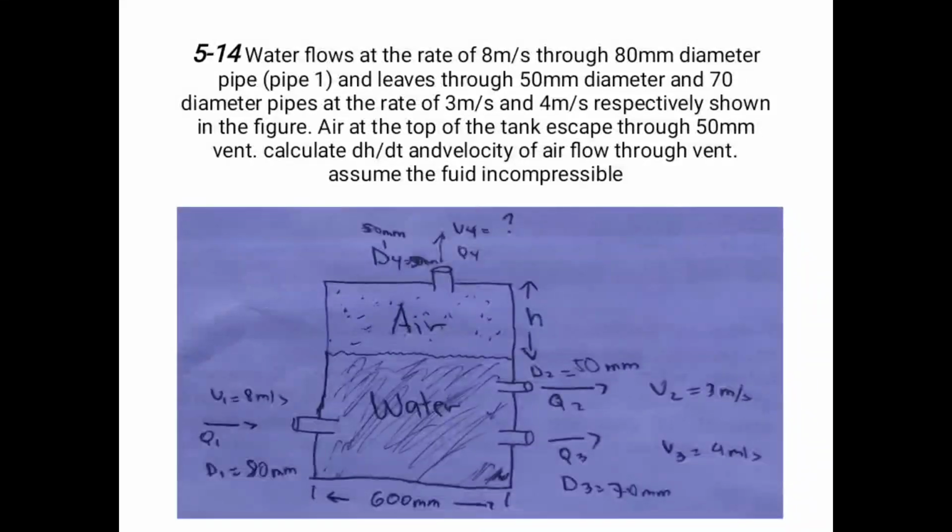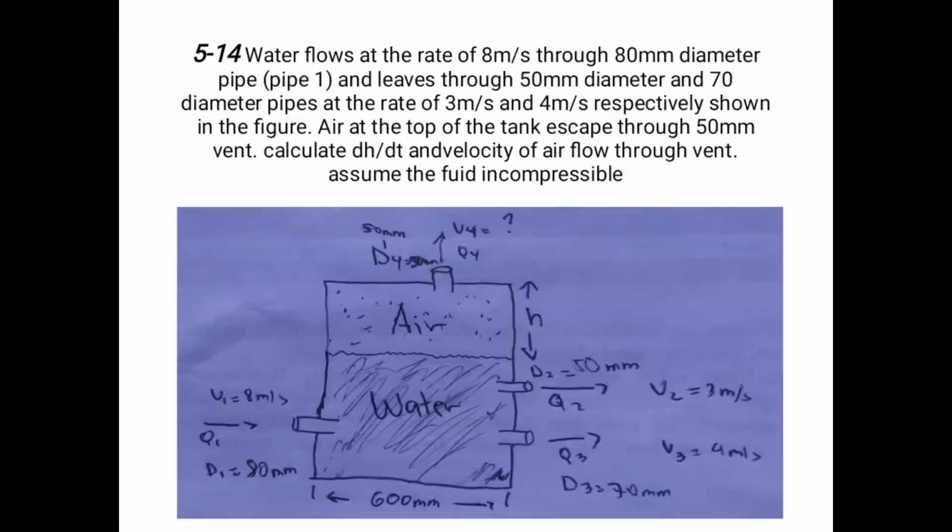we know that velocity 4 is not yet given, and we are asked to find the height. So what we're going to do is first find the change of height. Velocity 4 is also equal to the change of the height, so we will replace velocity 4 with the change of height, or dH over dt.